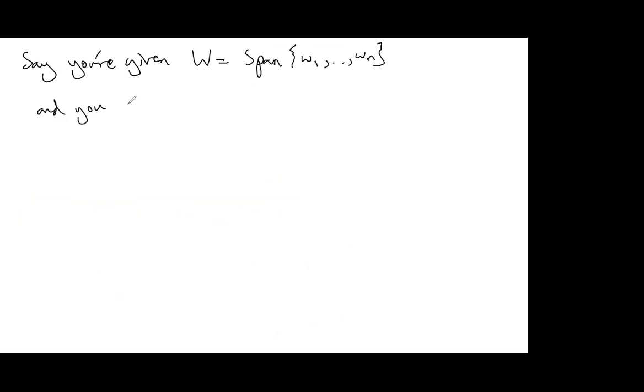Let's say you're given a space W. It's a span of some vectors, W1 through Wn, and you want to find the orthogonal projection of some vector V onto W. But let's say W1 through Wn are not orthogonal.